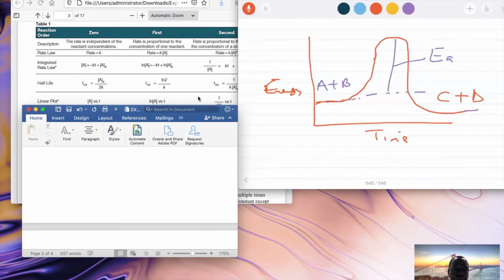In this experiment, you will determine this kinetic term we call activation energy.